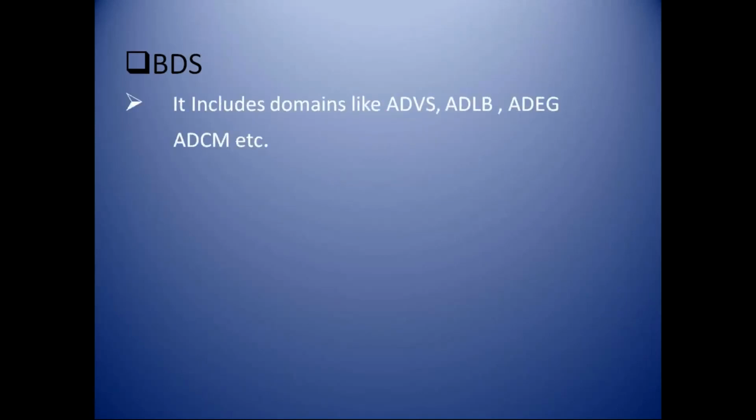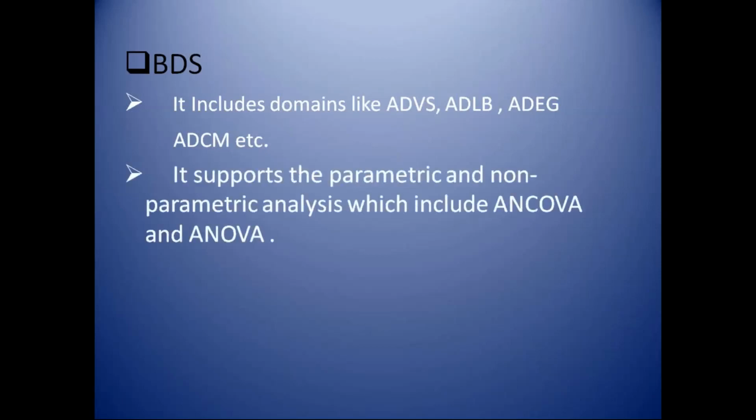Next, let's come to the BDS structure. BDS stands for Basic Data Structure. It includes domains like ADBS, ADLB, ADEG, and ADCM. Mostly all the findings domains in SDTM come under BDS. It supports parametric and non-parametric analysis, which includes ANCOVA and ANOVA.